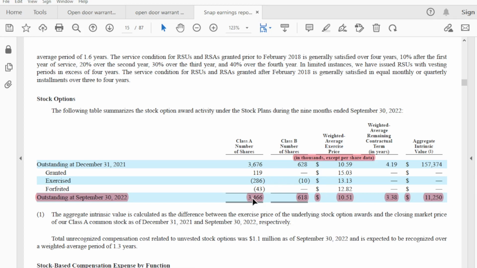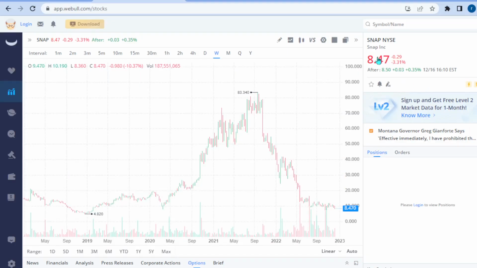So does it necessarily make sense to exercise your shares? It says essentially that one share is on average for these employees going to cost $10.51 to exercise. What is the share price right now? $8.47. So what are they losing? They would lose a little bit over $2 if they wanted to exercise these shares.